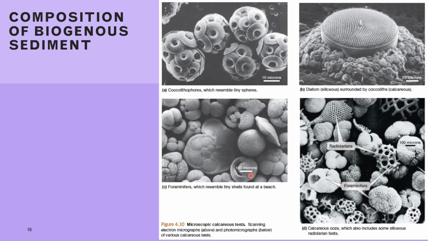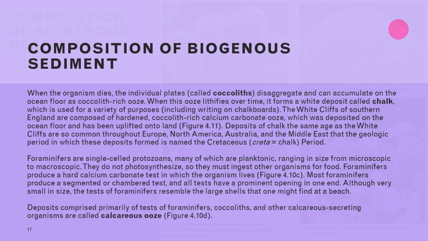These are all forams, and you can see the scale, 100 microns. And now this is a calcareous ooze, which also includes some siliceous radiolarian tests. So these are foraminifers, and radiolarians are like these net or mesh shaped, which are silica rich.